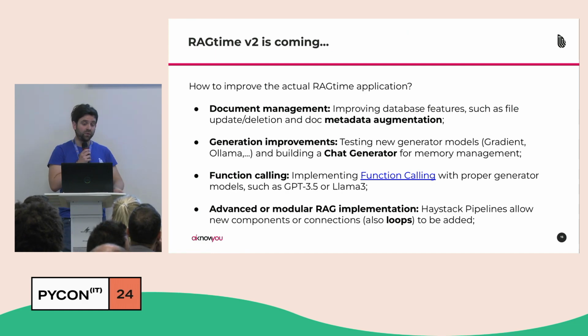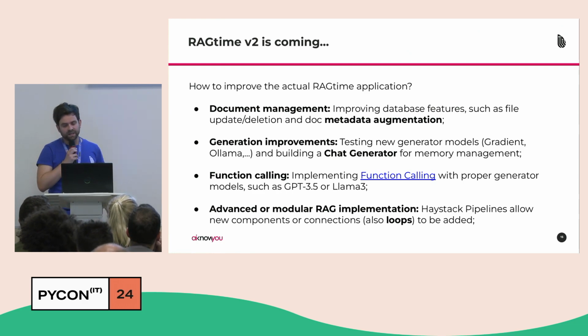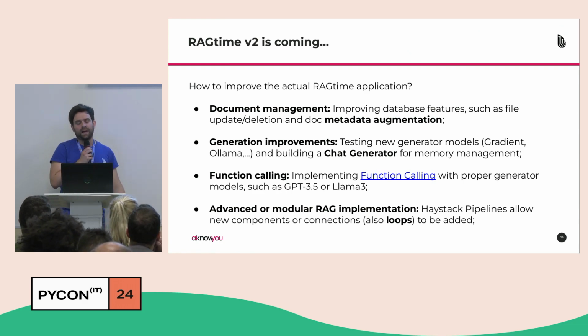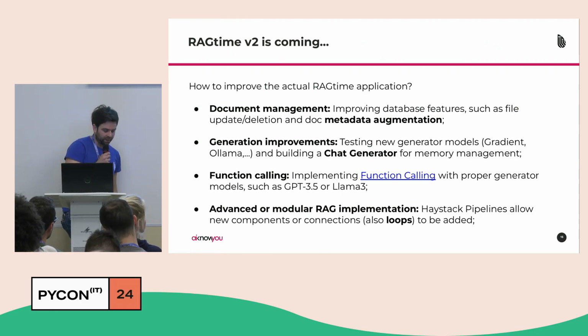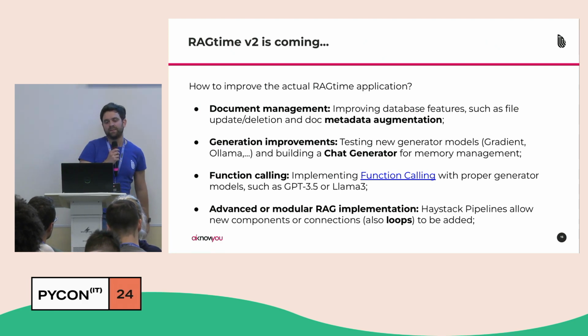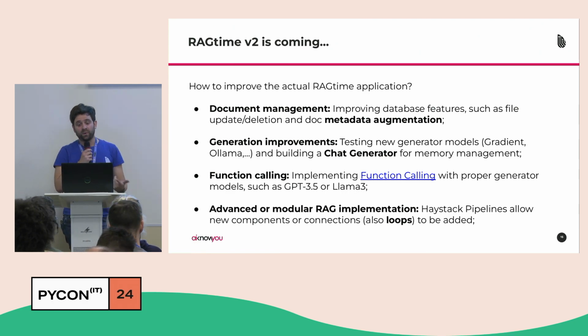First of all, document management. I can, of course, improve the database a lot, so we can develop file update and deletion processes, and metadata augmentation, so we can add, for instance, a summary or a keyword list in my metadata to retrieve in a more efficient way.